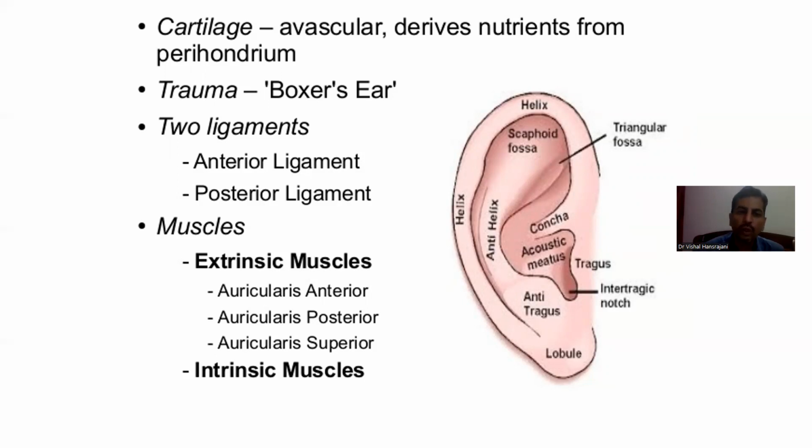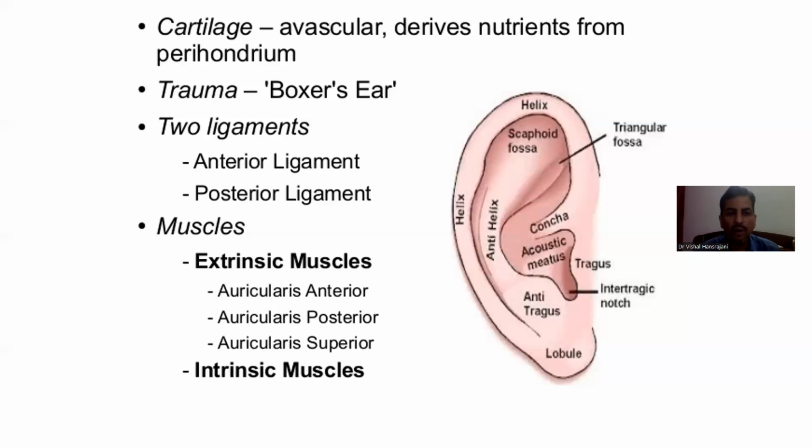Then there will be necrosis of that part of the pinna, and this we call a boxer's ear. There will be a deformed pinna, because boxers usually get multiple injuries over the pinna and develop a deformed pinna.